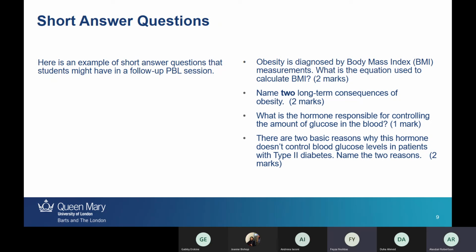So we've got insulin resistance: the body doesn't know how to use the insulin. And the other is insulin deficiency, so not enough insulin is produced to maintain a normal blood glucose level.